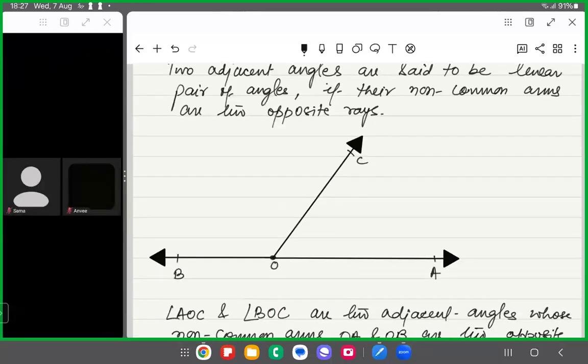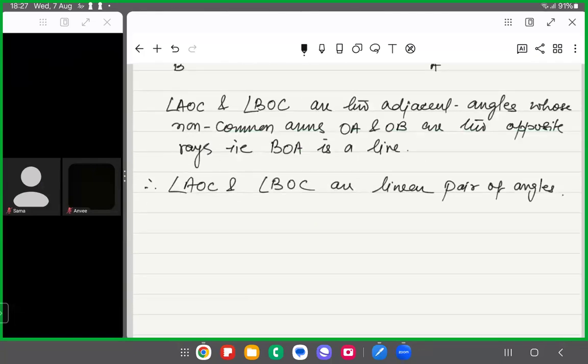Now, there are certain theorems, or you can say results, on these angle relations. So write down theorem 1. Theorem 1. What does theorem 1 say?